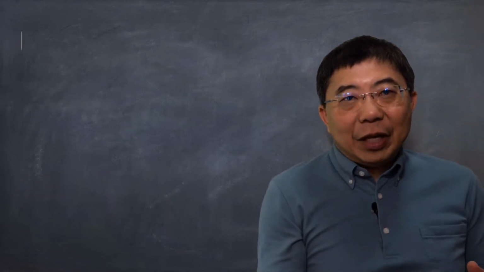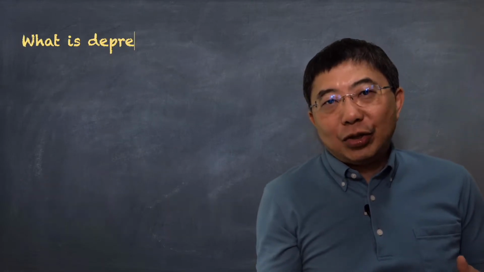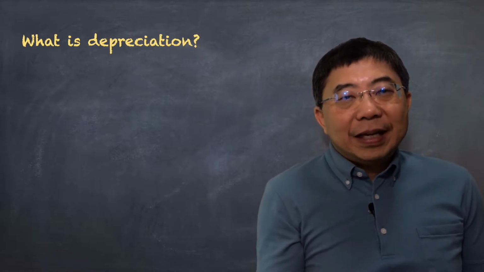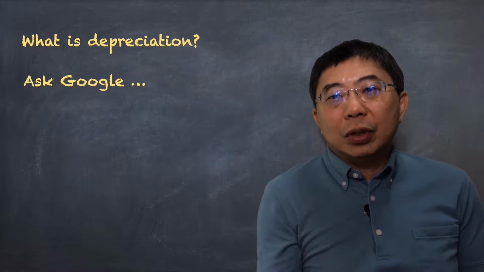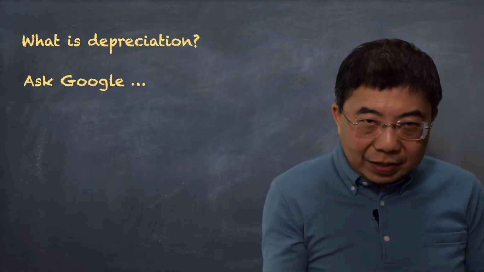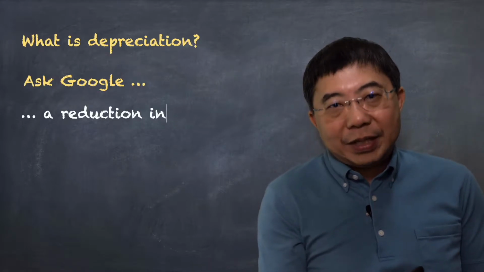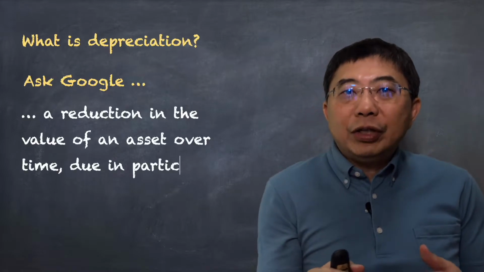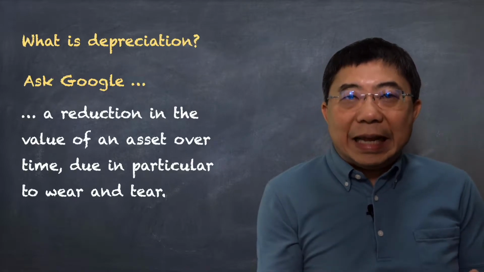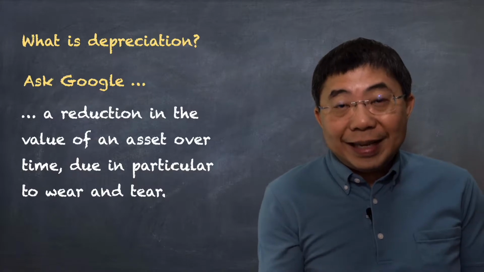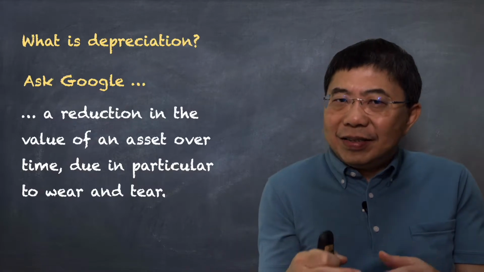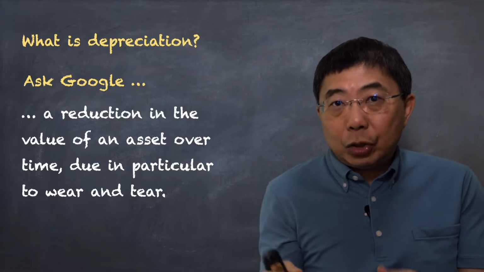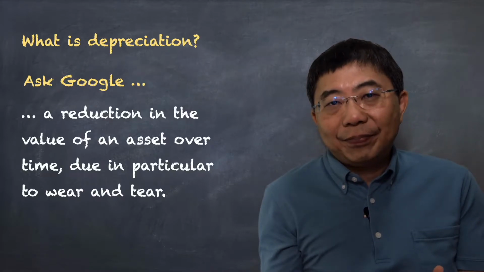Let's first have a look at how depreciation is defined. If we were to do a quick search by asking Dr. Google, we will get this definition of depreciation. According to Dr. Google, depreciation is a reduction in the value of an asset over time, and this is due in particular to its wear and tear.